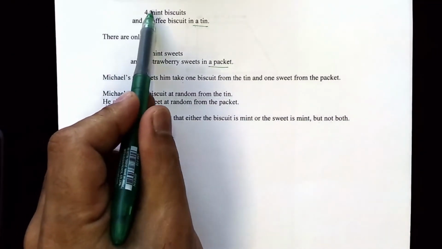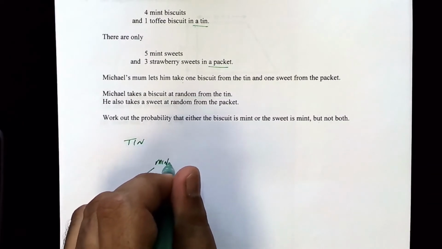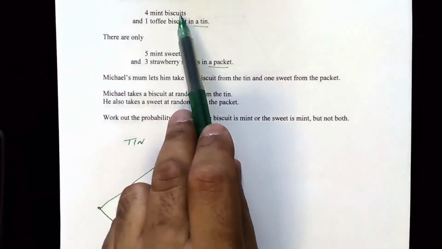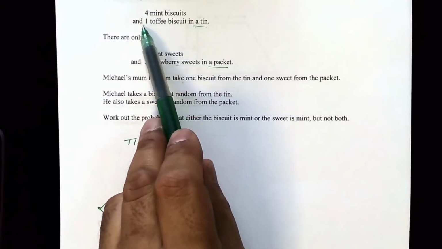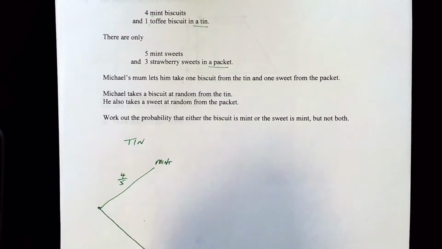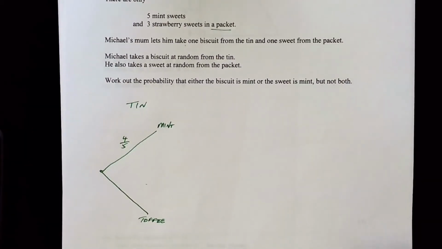What's the probability of getting a mint biscuit? There's 5 altogether, 4 plus 1, so that is 4 out of 5. So therefore the toffee, there'll be 1 out of 5.